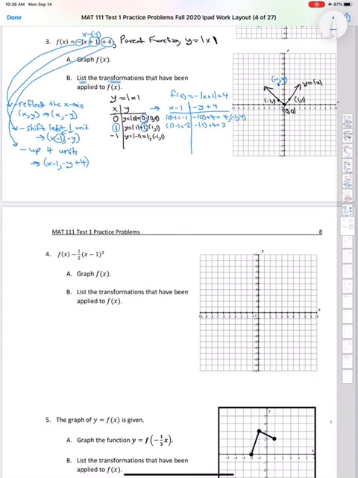So that means we're going to pass through the point negative 2, 3. So we could plot negative 2, 3. Left 2, up 3, right here. Here's negative 2, 3 on our graph. It passes right through that ordered pair, and I'll go ahead and label that point.